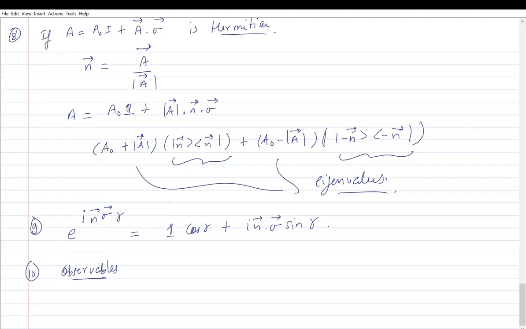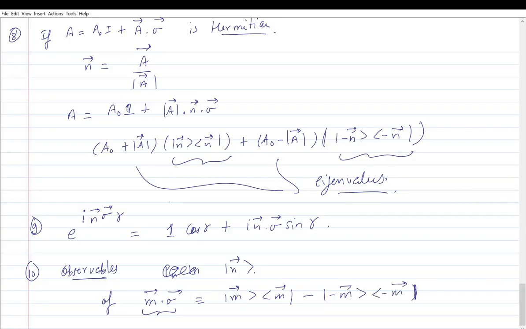Well, if the system is in the state, let's say in a state n, and let's say there is a measurement of this observable. Well, the eigen decomposition of this observable is nothing but this guy.